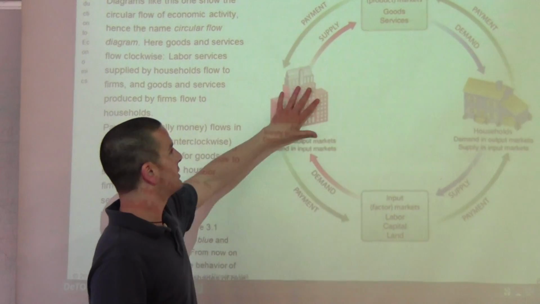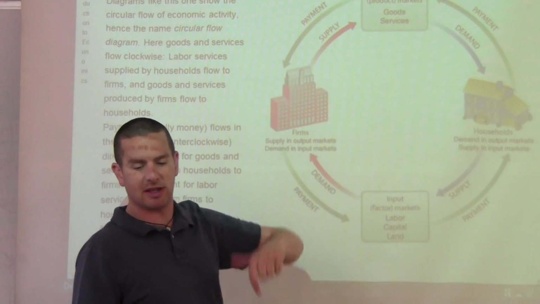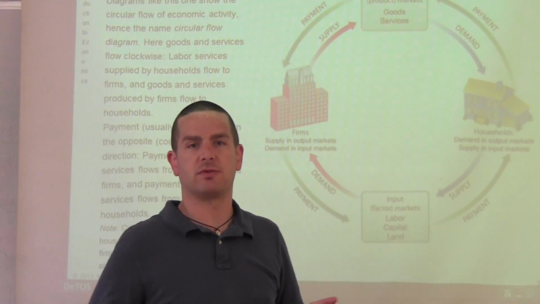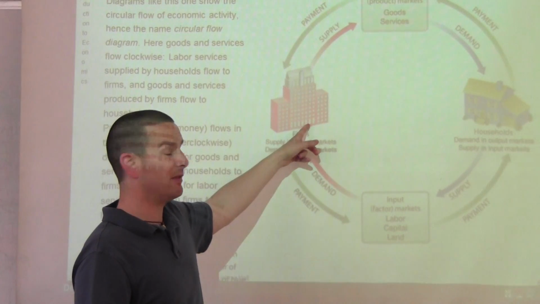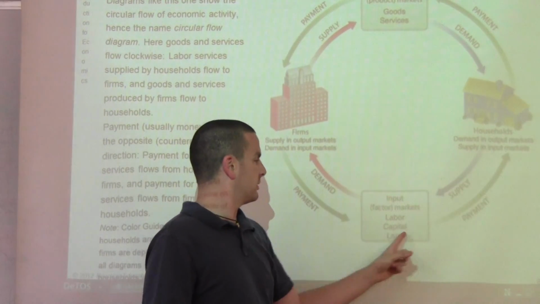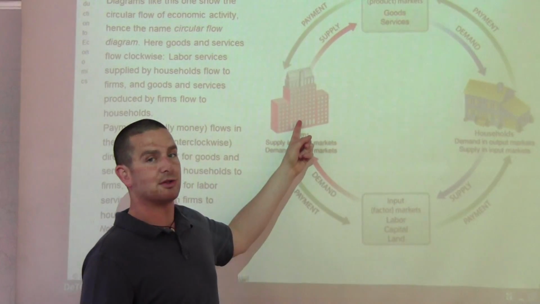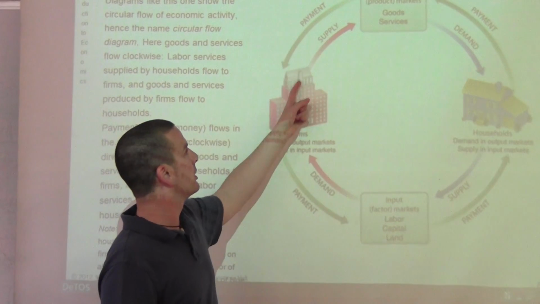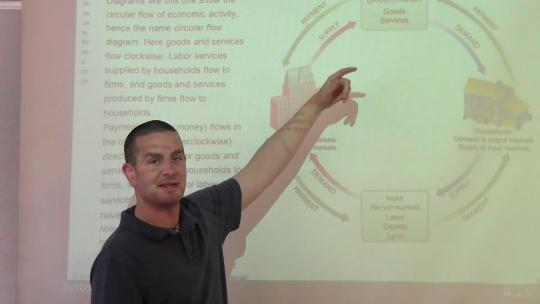Now, once the firm has all these inputs, it turns them into outputs, right? Let's take Ford. Ford, a very big firm, uses land, labor, and capital to produce cars, okay? Well then from those cars, they supply cars, right? They're a business.